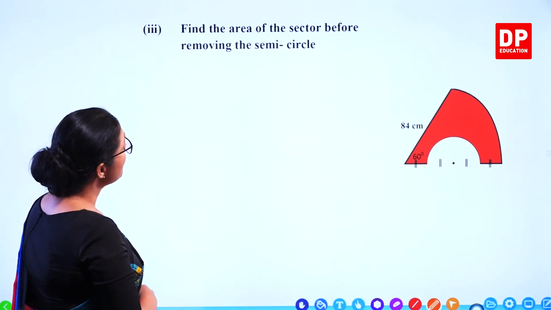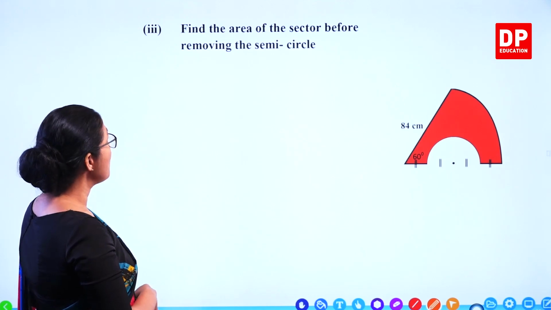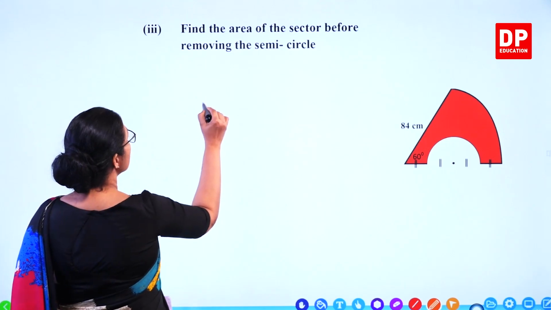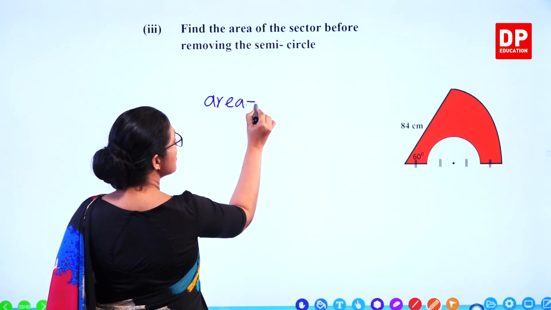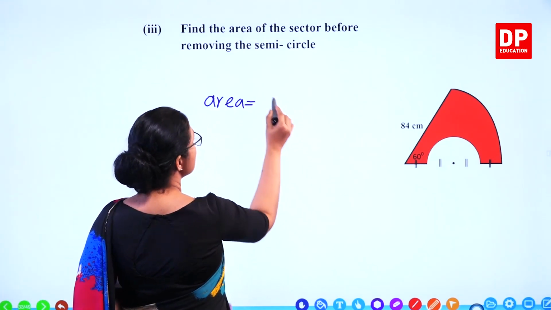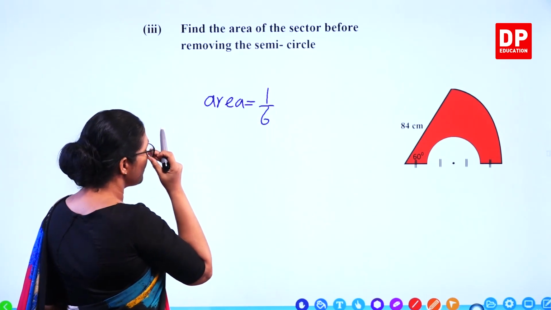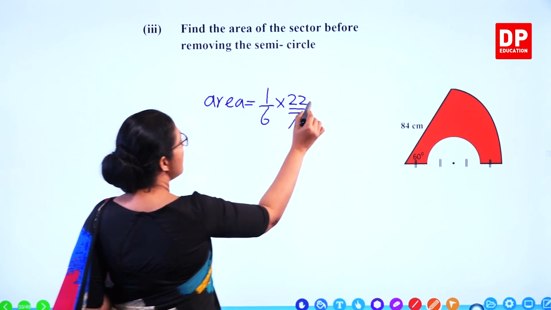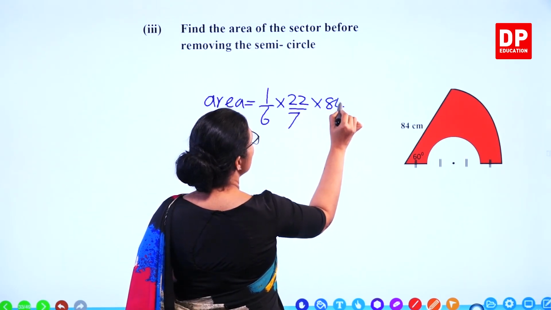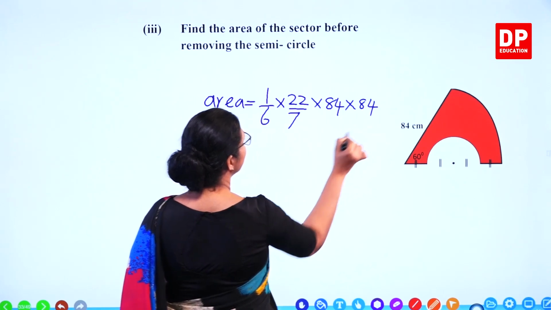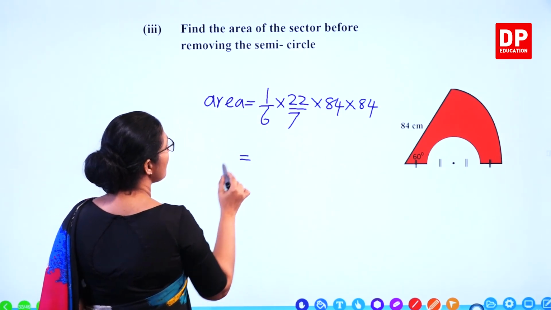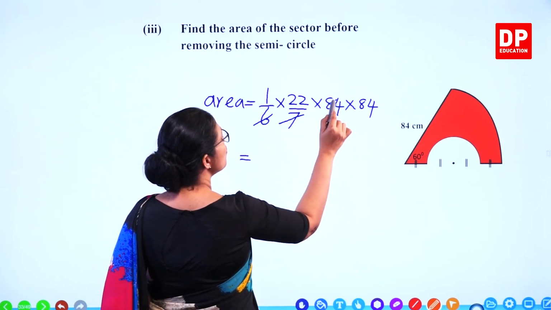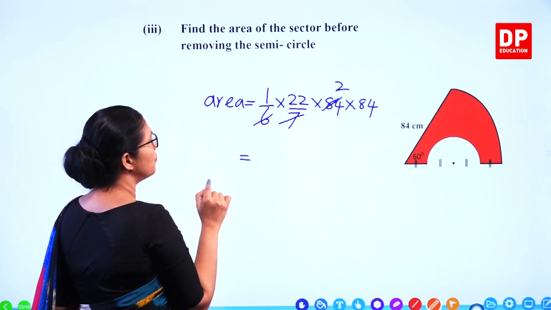Part 3. Find the area of the sector before removing the semicircle. So area of the sector. So area becomes, this is 60 over 360 is 1 over 6 into pi r square. 22 over 7, radius is 84 into 84. 6 times 7, 42. 42 times 2, 84.